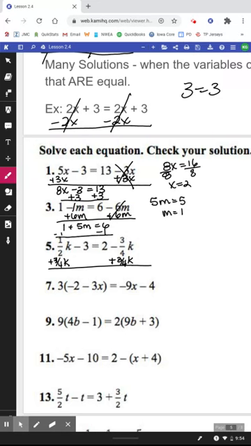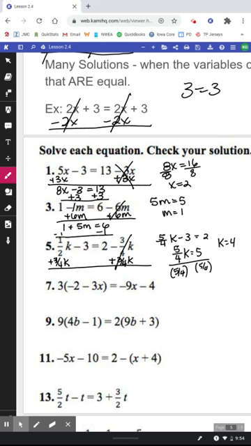And I get 5/4 k minus 3 equal to 2. So I'm going to add 3 to both sides, which gives me 5/4 k equals 5. Divide both sides by 5/4 in parentheses, and then k equals 4.